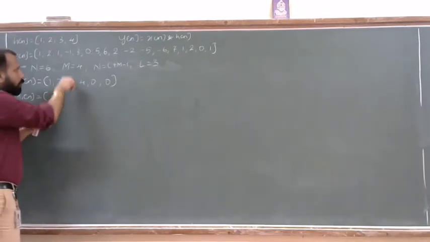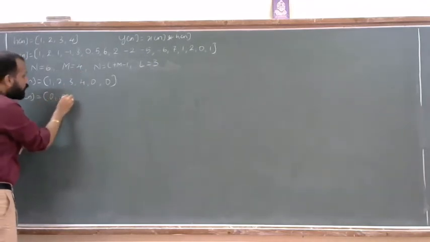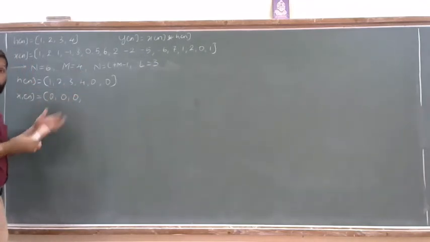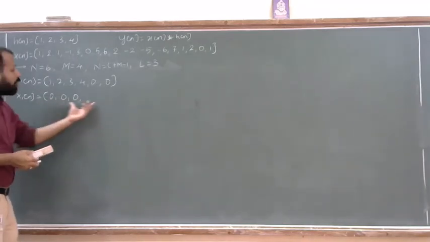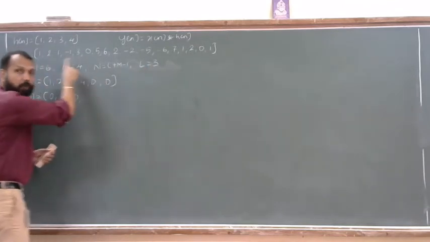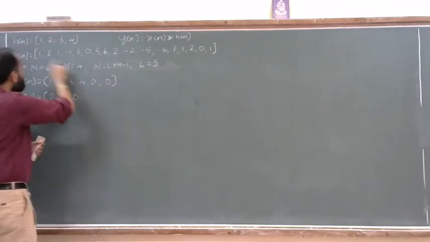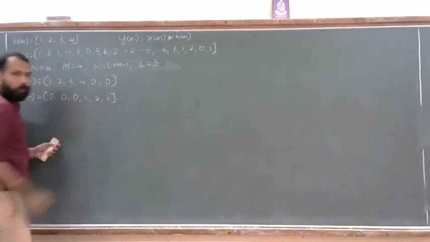So for this problem, M is 4, 4 minus 1, 3 zeros will be padded at the beginning of the first segment of the data block. And for the remaining samples, the remaining L samples will be taken from the input. So the first 3 samples will be taken from the input, and those are 1, 2 and 1.